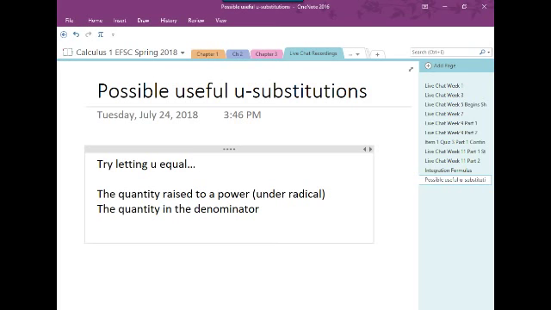And when we have exponentials in our integrals, we often will see that we have a function in the exponent. So it would be the quantity or function in the exponent.